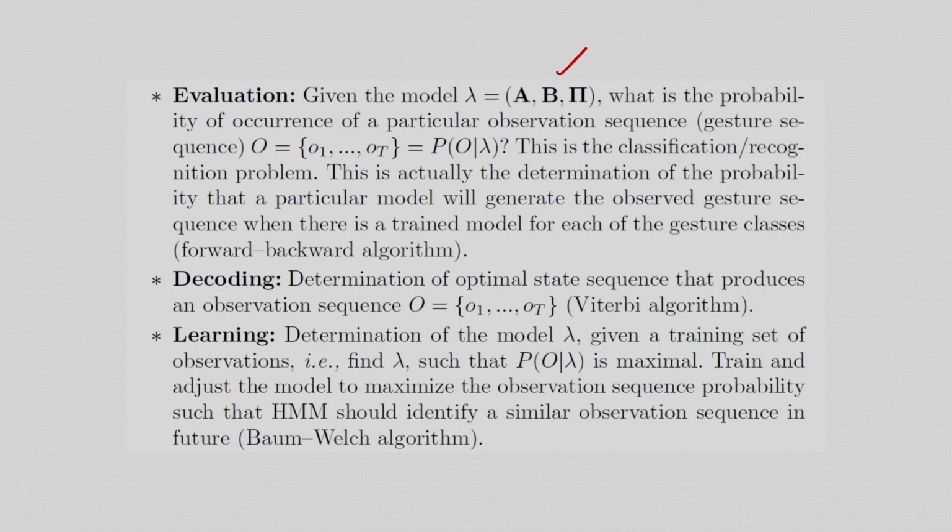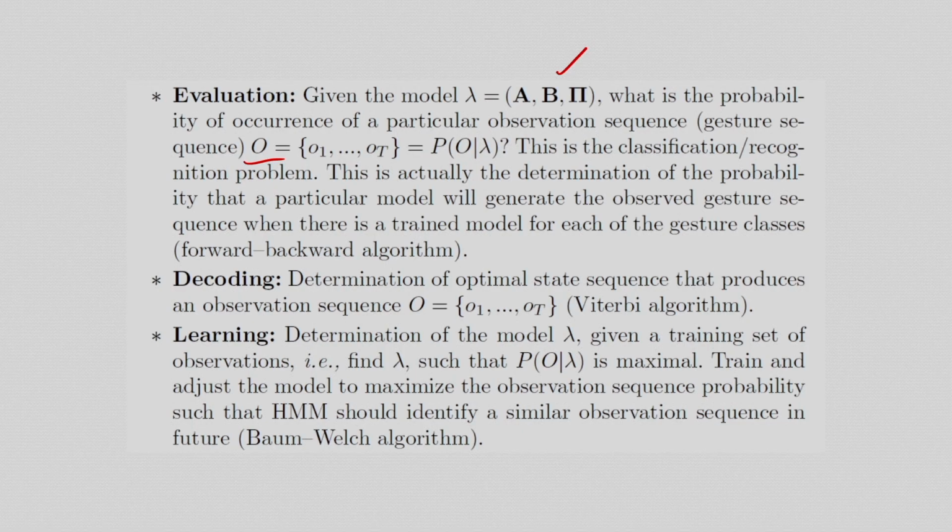Given the model represented by A, B, pi, we have to determine the probability of occurrence of a particular observation sequence, that is the gesture sequence, represented by O1, O2, O3 like this. We have to determine the probability of O given lambda, where lambda is the model, and this is a classification or recognition problem.